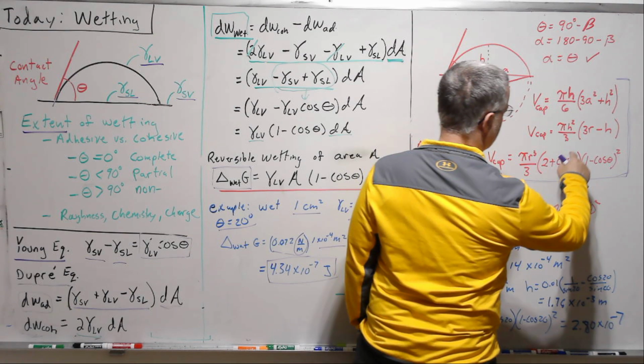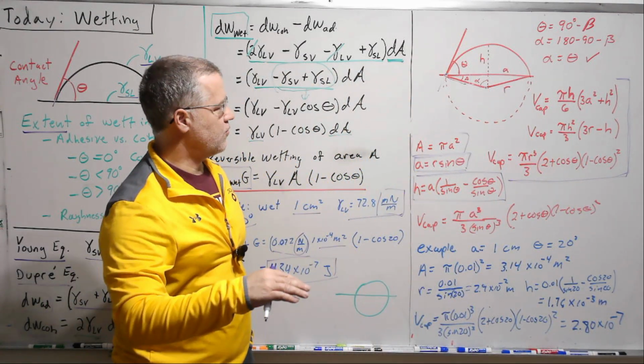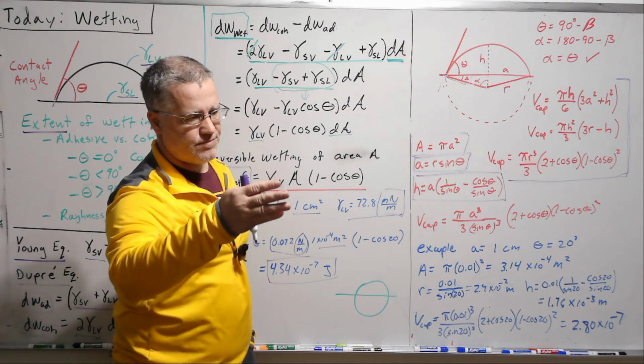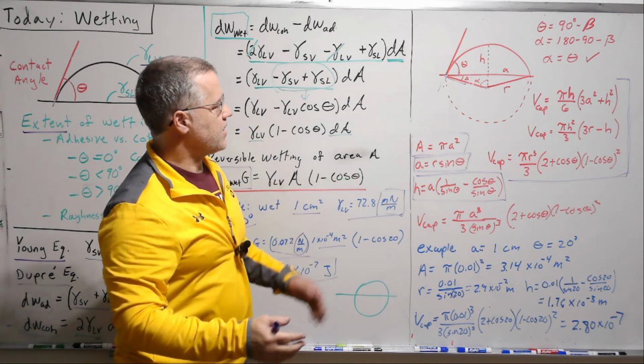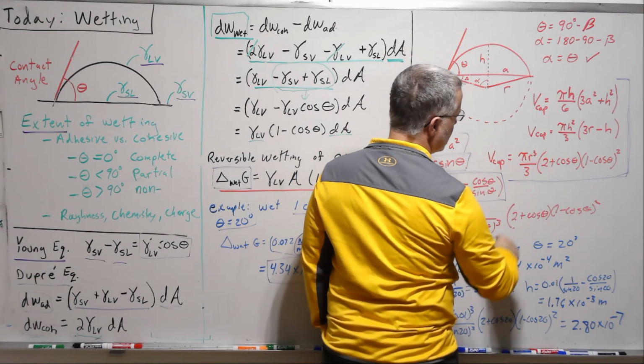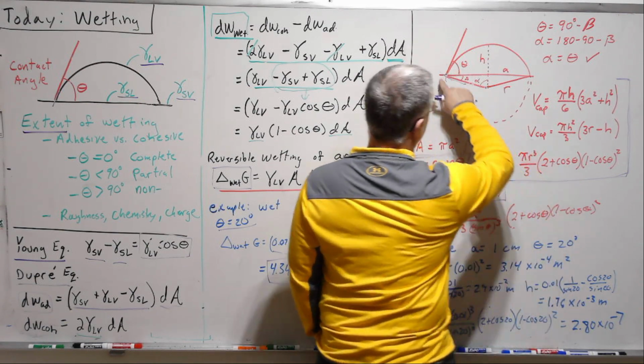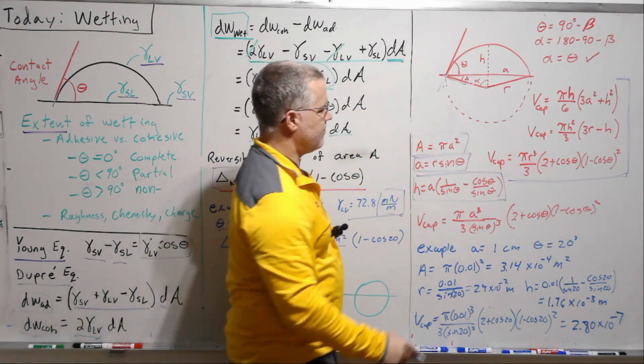We can cast in terms of R and H, which is probably less useful for wetting, because we're not directly measuring the radius of the sphere, which is R. We can cast in terms of angle and R. Angle is nice because it would be the contact angle, but then we have R here.